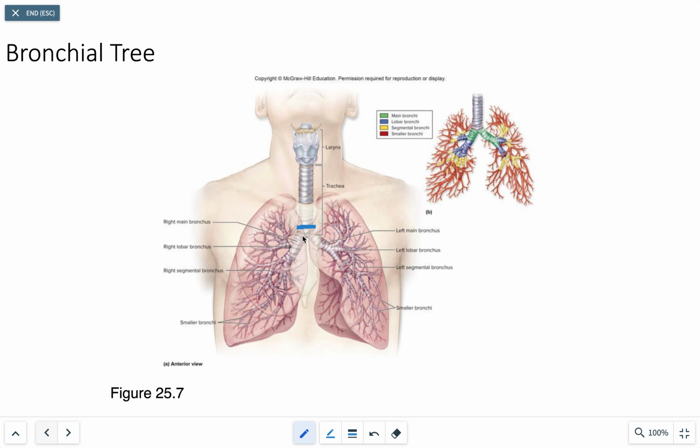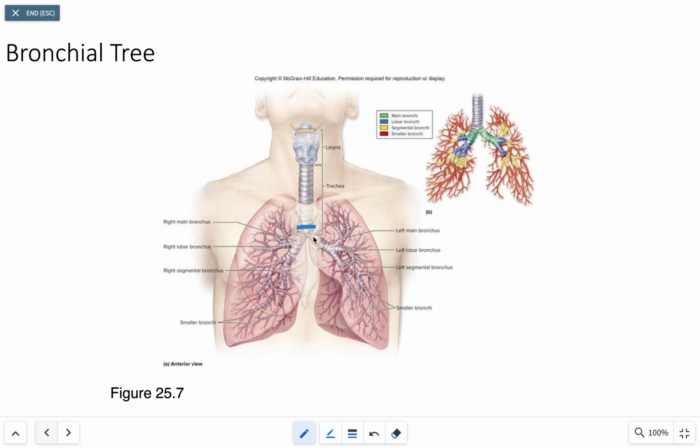This area is lined with pseudostratified ciliated columnar epithelium, which also has goblet cells for mucus production, and also has a complete ring of smooth muscle, which is found in between each one. So we have both the cartilage and the smooth muscle component in the right main bronchus and the left main bronchus.